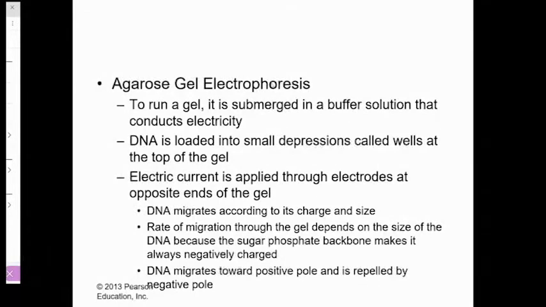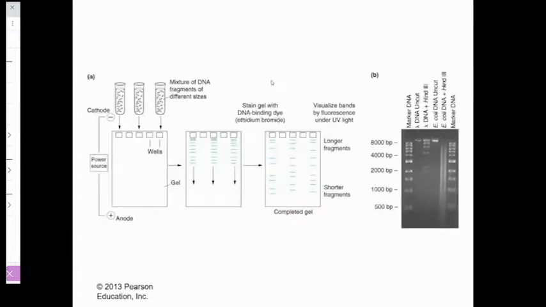And to run the gel, we have to submerge it in a buffer solution that can conduct electricity. We put the gel in the gel box, add the buffer, and introduce the electricity. Then the DNA can migrate. So this is an example to show you that.